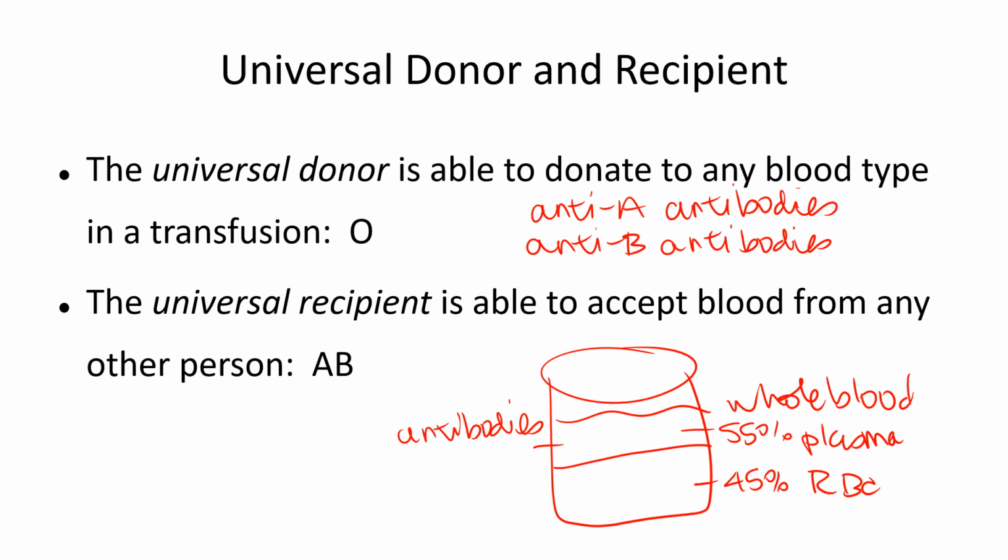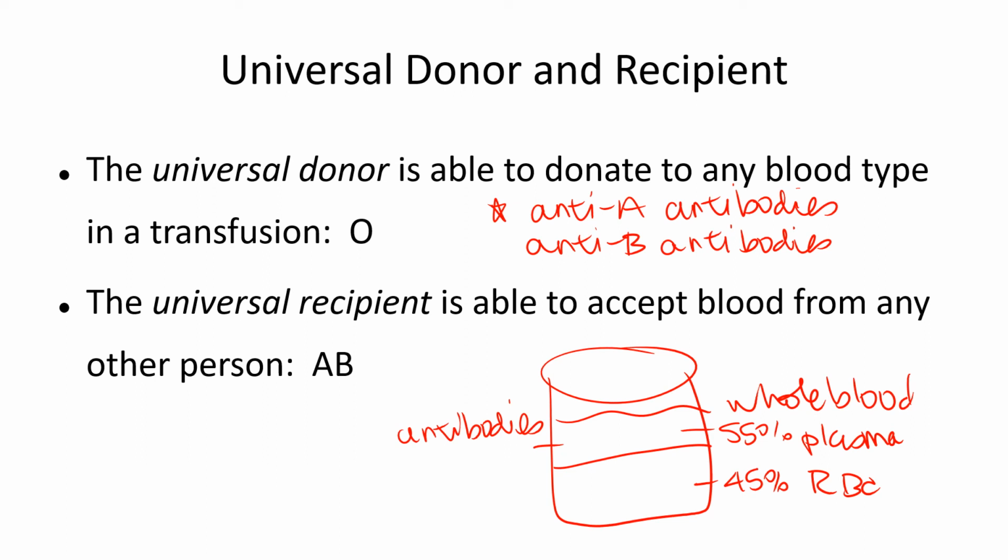Do you see any problem giving whole blood of blood type O away to a person with blood type A? Well, yeah, you may be giving them a small amount of anti-A antibodies. When exposed to that recipient, those anti-A antibodies may clump or agglutinate. Just something to think about there.